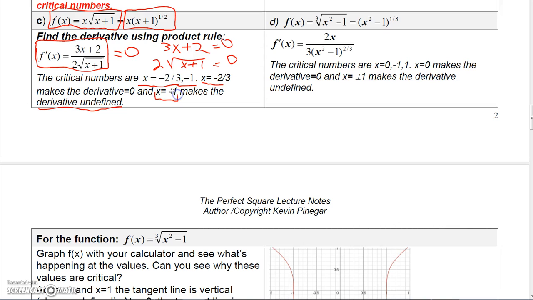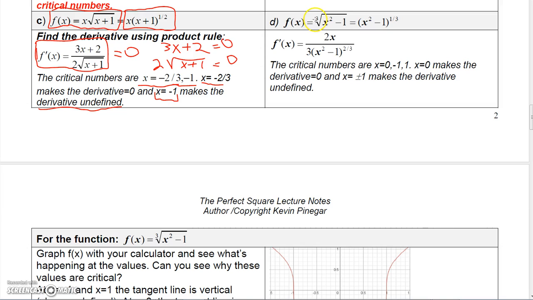But if you actually plug negative 1 back into this function, you would get negative 1 times the square root of 0, which would just be 0. So negative 1 is in the domain of this function, so therefore negative 1 can be a critical number. Okay, let's look at the next one.